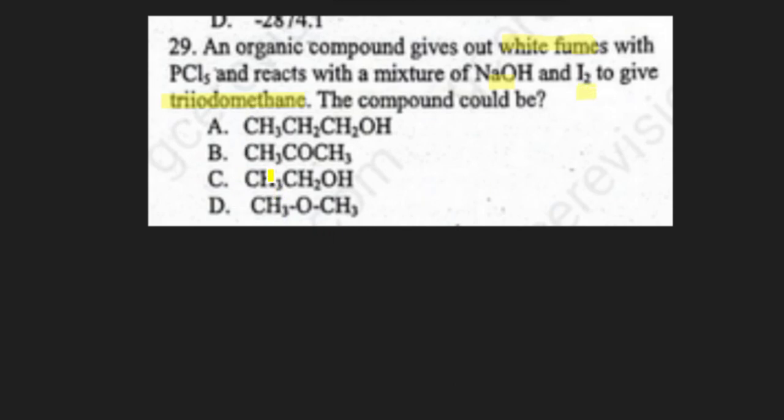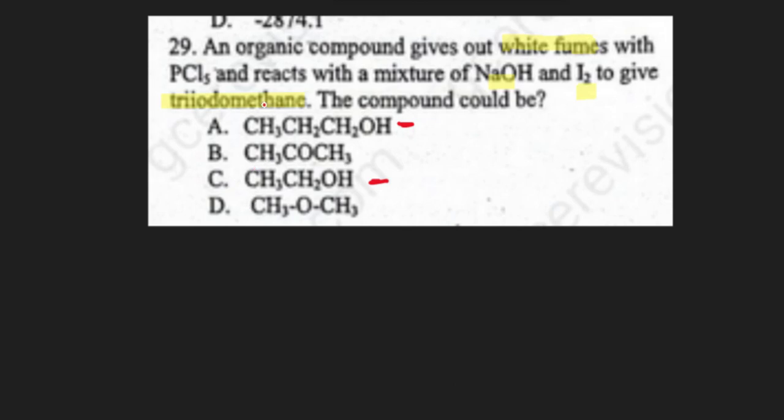Among all these compounds, which one will give a positive test with PCl5? It should be the one that has an OH group, because PCl5 is used to test for the OH group. So we start by looking at the ones which have the OH group. A has an OH group and C also has an OH group.